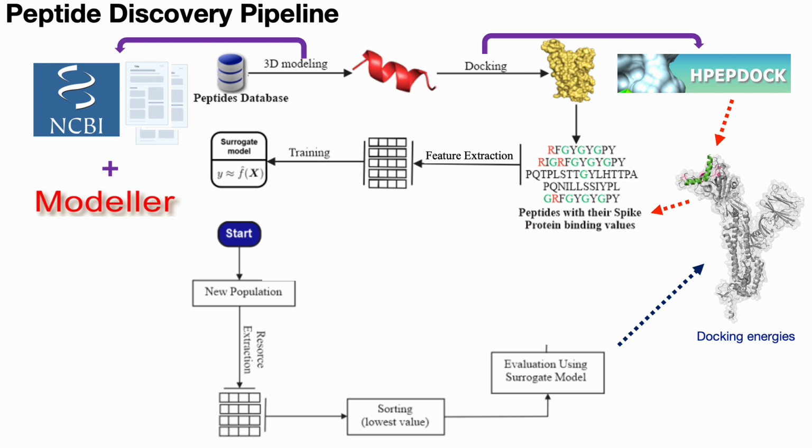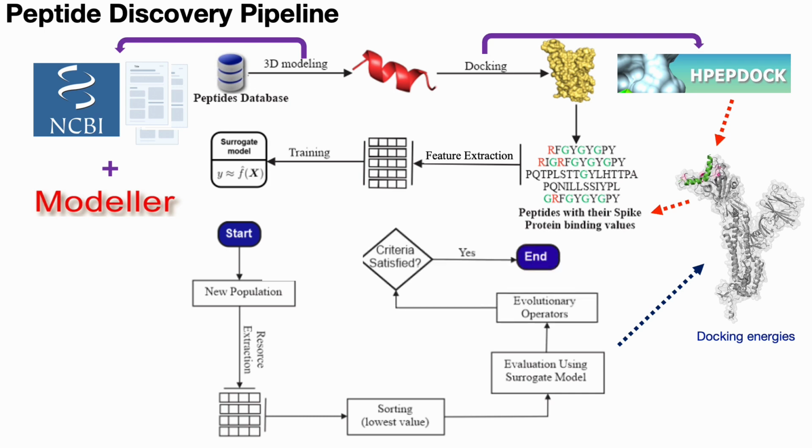And after, we propose these new peptide sequences against the same receptor in the same region of the RBD spike, and we compare whether the new peptides present better docking energy in comparison to the training database. If it's okay, we take the result and can propose the new peptide for in vitro and other bench experiments. If not, it restarts the method and generates another sequence of peptides.